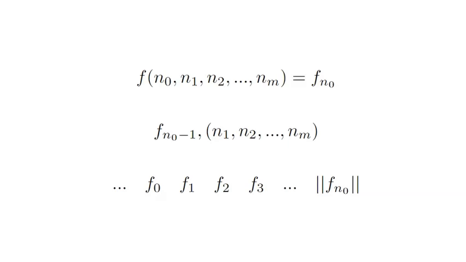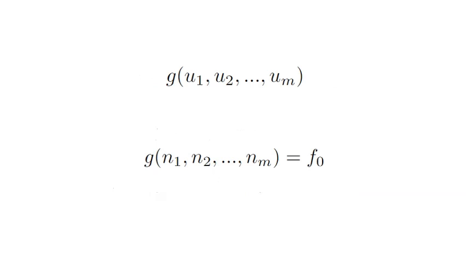One recursive function g will take m arguments. So when it starts, once it reads the 0 and forgets about it, it will take the original list of numbers n1, n2, n3, n4 until nm, put them as inputs to g, and the output will be f of 0, what it prints on the tape.